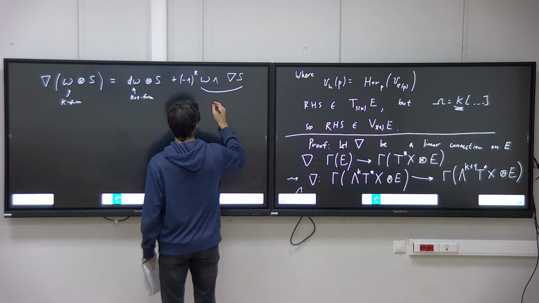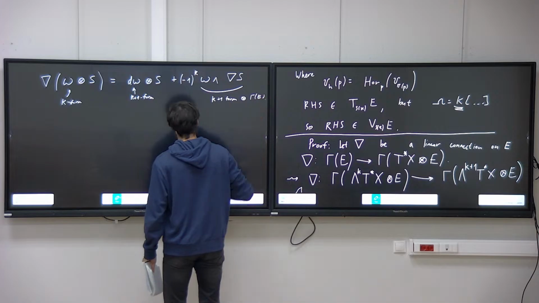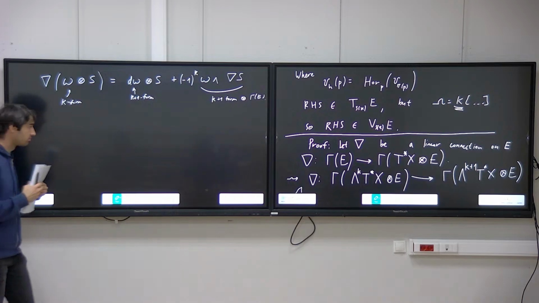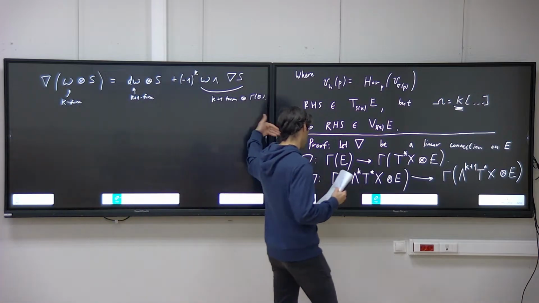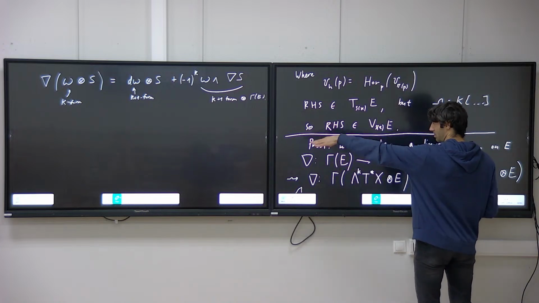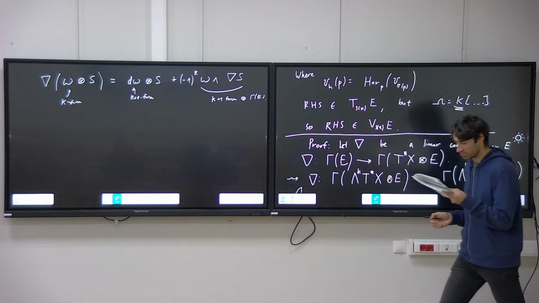So this is a k plus 1 form, well, tensor. So this is just the definition, really. So you just start with this nabla and then by Leibniz rule extend it to such a map.